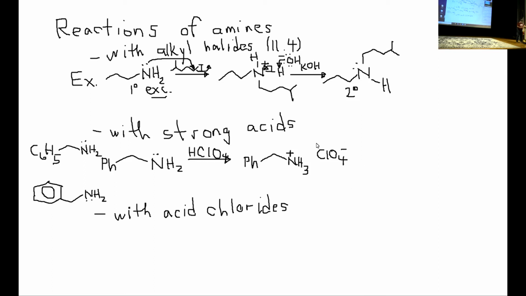And the more stable that conjugate base is, the happier the acid is to give up the proton. In this case, if you were to look at the structure of the perchlorate ion, I don't really want to go too far off base, but you would find this is one of those hypervalent things. I think we're going to find the chlorine is something like 14 electrons around it. Let's see. ClO4 minus.